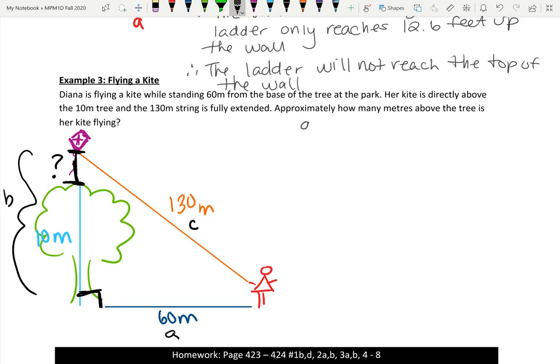Okay, I'm going to start off with my Pythagorean Theorem formula. And I'm going to plug in information that I know.